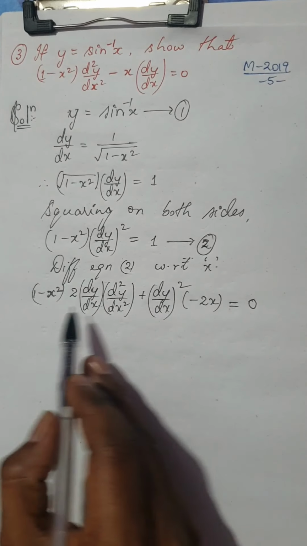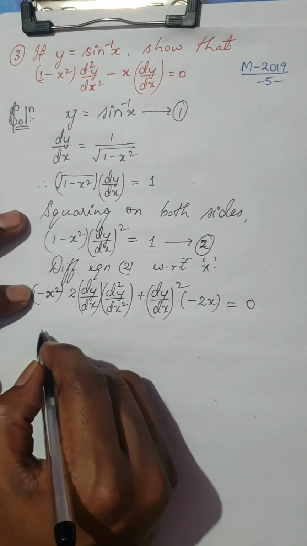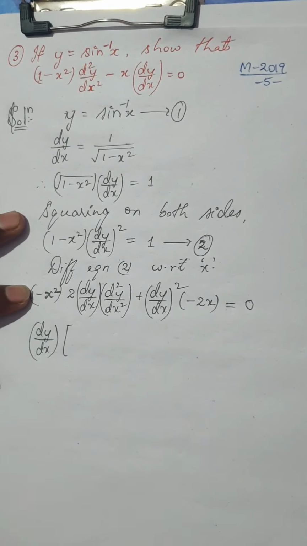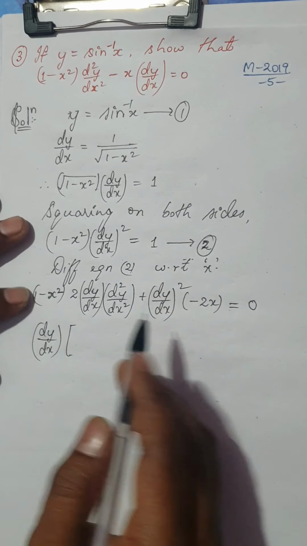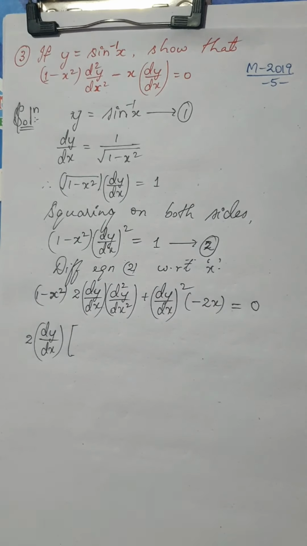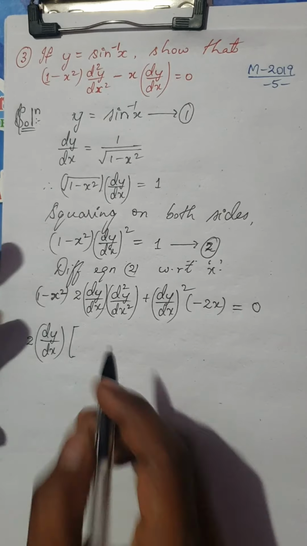Now you can see here in both the terms I have dy by dx common. So if you take dy by dx common, and you can also take 2 common, you can take 2 times dy by dx common, so what is left over?